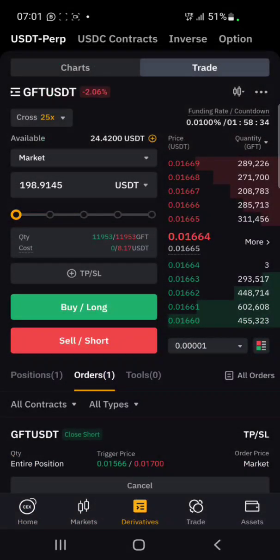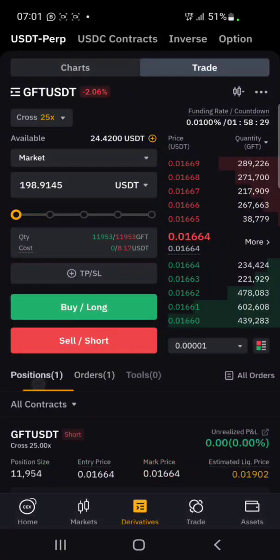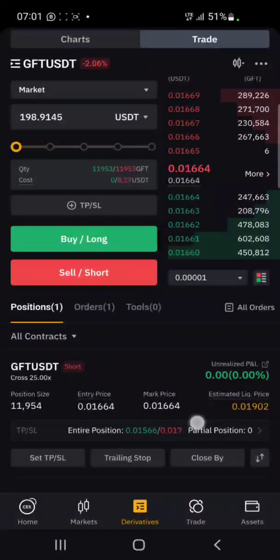Now if you look at it, it is already in order and position. When you look at it, this is what we are having. We're already on this trade.